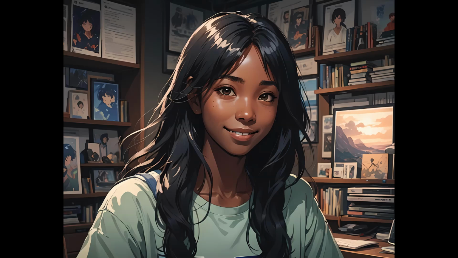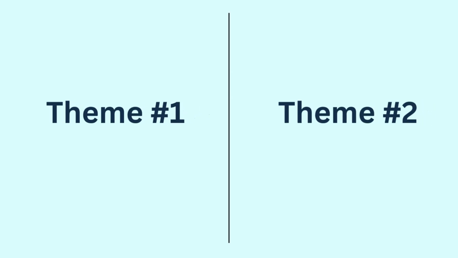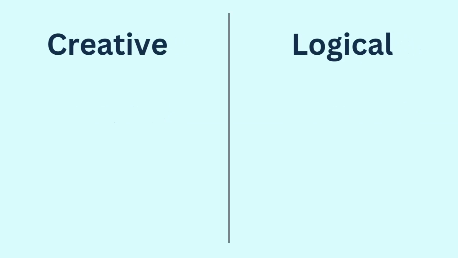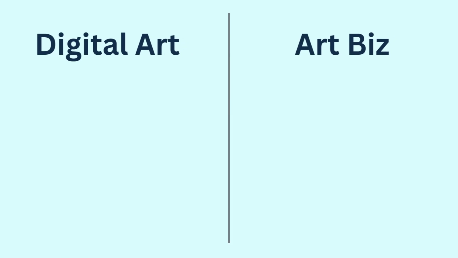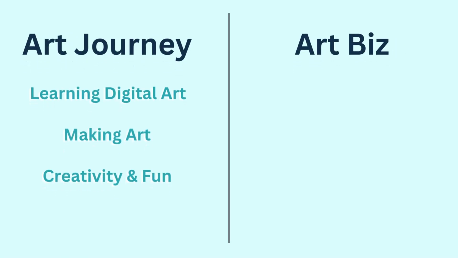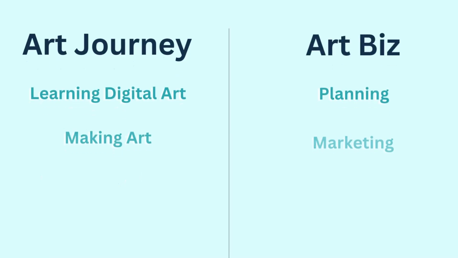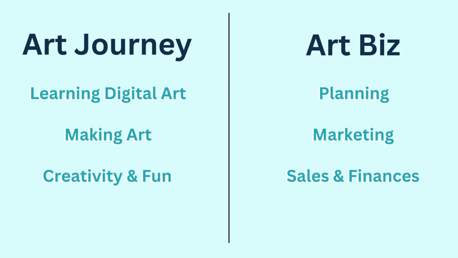So, with my dream of becoming a digital artist and selling my art online, I decided that I would create two sections of goals: creative goals based around my digital art journey, and then logical, practical goals based around my art business, because business is not always as fun and creative as art can be, and art kind of gets dull and boring when you make it all practical.